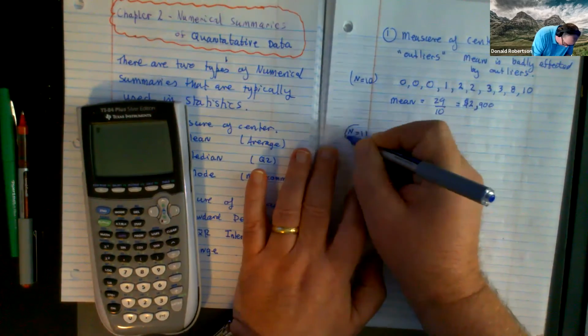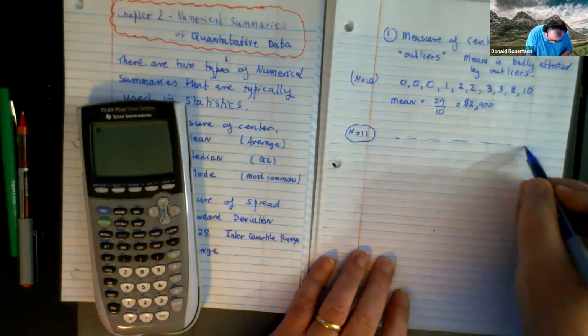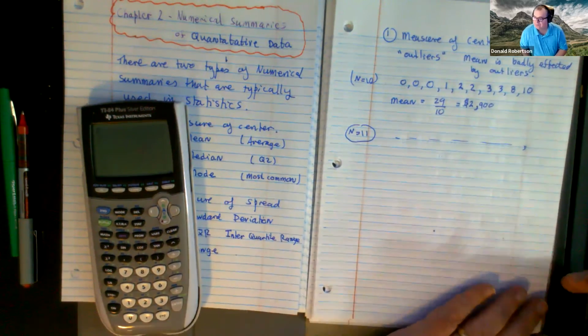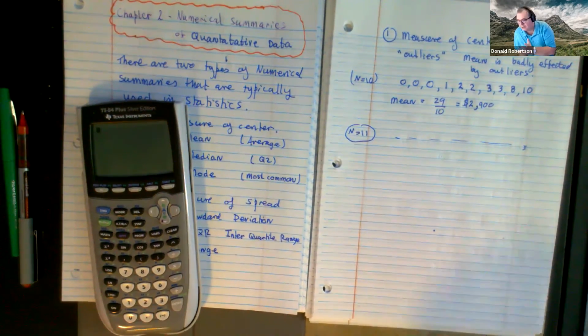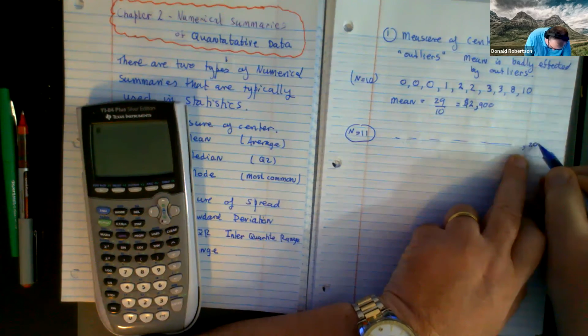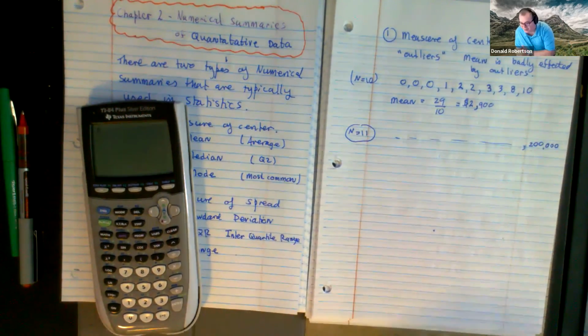The next day, Mark turned up. And so it's the same data, but Mark has 200 million in the bank account because his dad's generous and he gave him a lot. So 200 million would be 200,000 thousands, right?